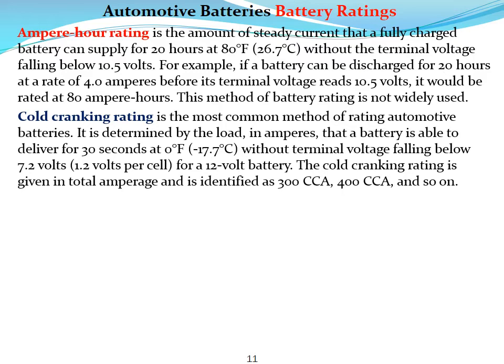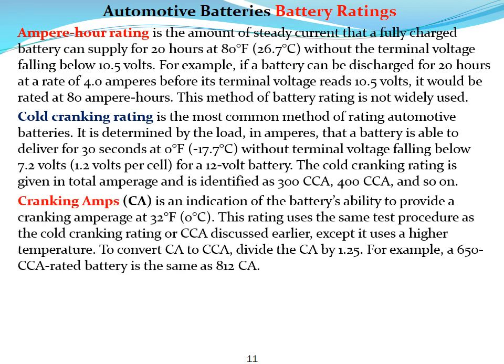The cold cracking rating is given in total amperage and is identified as 300 cold cracking ampere, 400 cold cracking ampere, and so on. Cracking amperes is an indication of the battery's ability to provide cracking amperage at 32 degrees Fahrenheit, 0 degrees Celsius. This rating uses the same test procedure as the cold cracking ampere discussed earlier, except it uses a higher temperature.